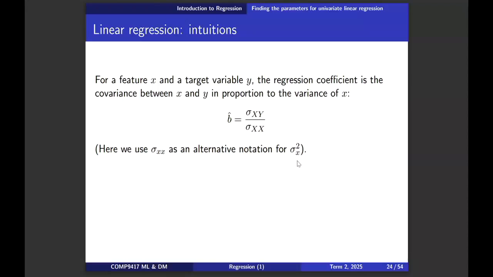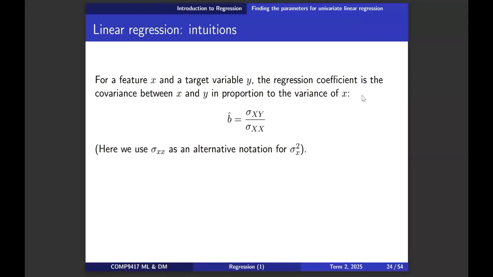So it's the covariance between x and y in proportion to the variance. What is that telling us? Someone asked me this question on Wednesday about covariance and variance. If I have a lot of variance in my data, like there's a lot of difference between values in the sample and the mean of that sample, then if I see covariance of a certain size, I have to be careful about the interpretation.